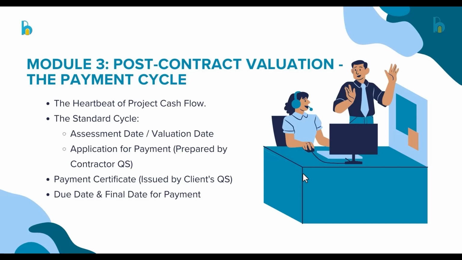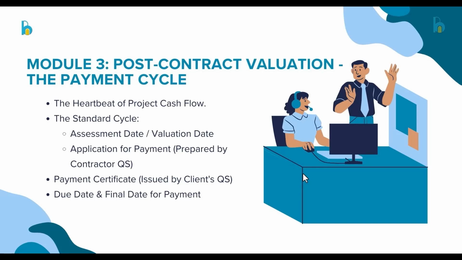After the contractor's quantity surveyor sends the application for payment, the consultant quantity surveyor will look at it, verify, and then do a joint assessment. After that, they arrive at a certain amount to be paid for that month. Next we have the payment certificate, which is also issued by the client QS, then the due date and the final date.